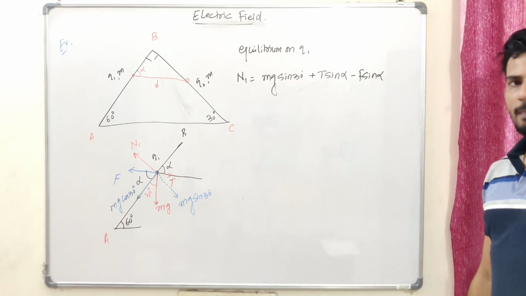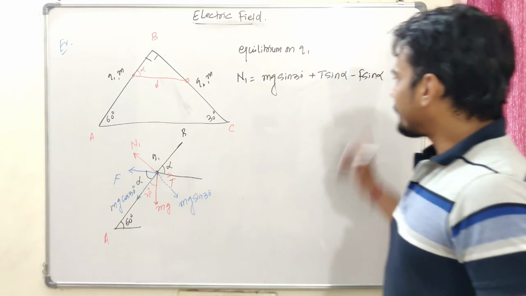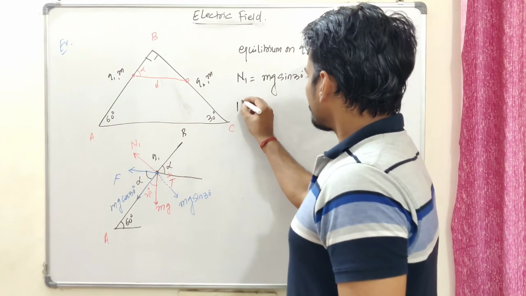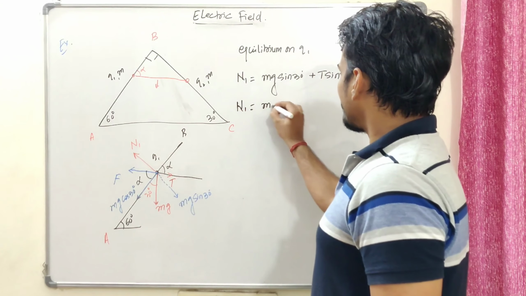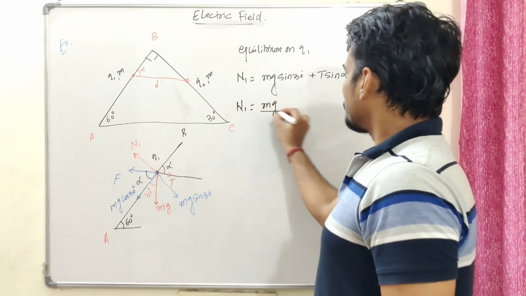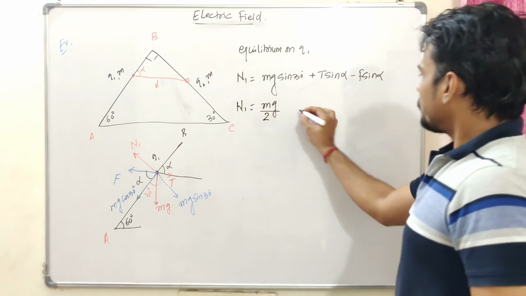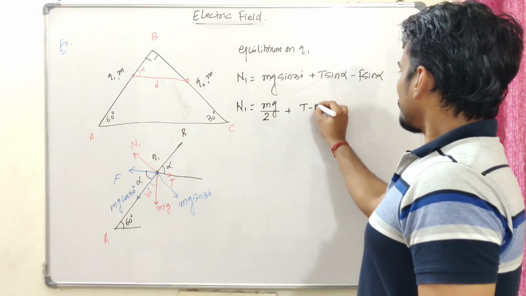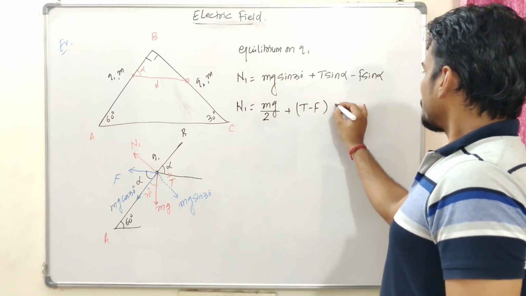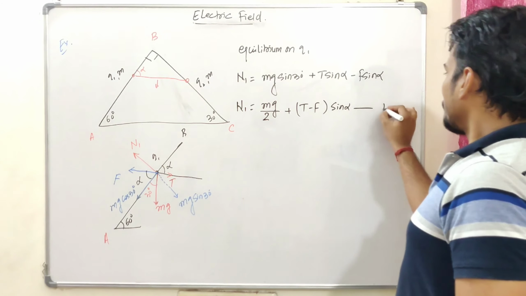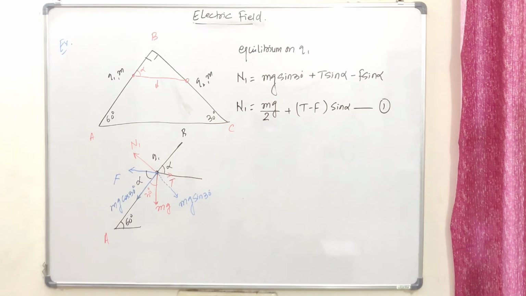Right everyone, I hope it's clear to everyone. That's the equation of the normal one. So N1 should be given as mg sin 30, which is 1 by 2, so mg by 2 plus (T minus F, the electrostatic force) sin alpha. Okay, equation 1 has been derived.